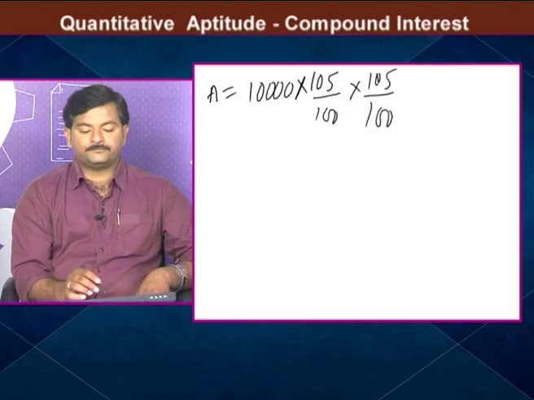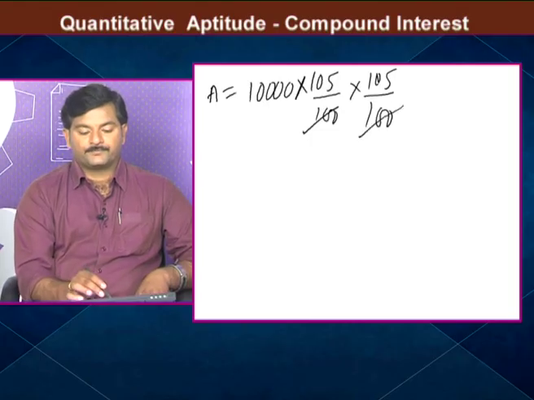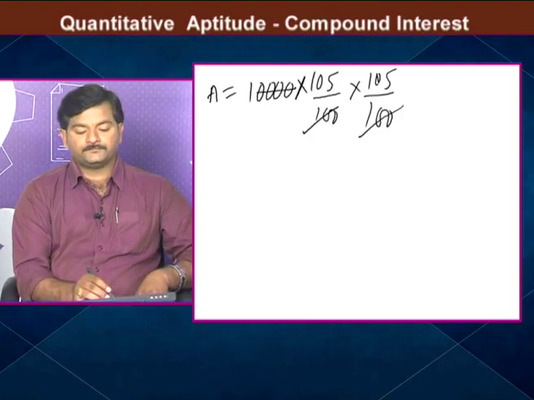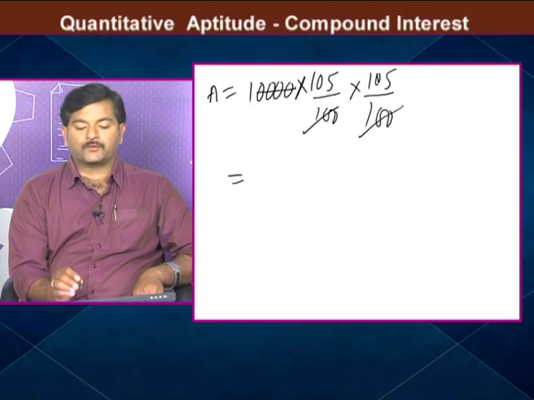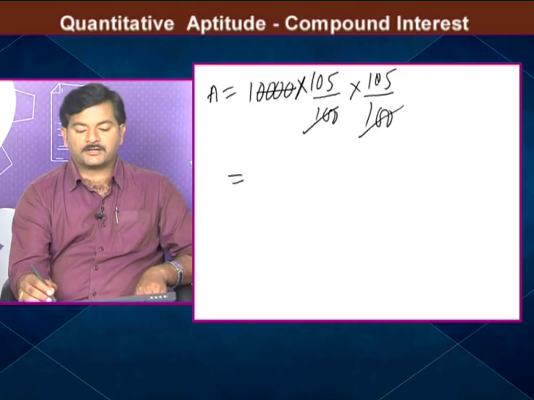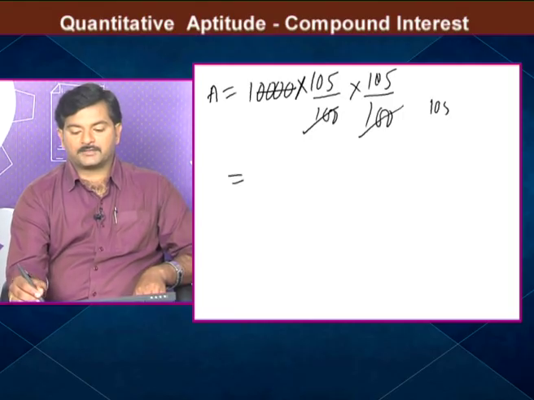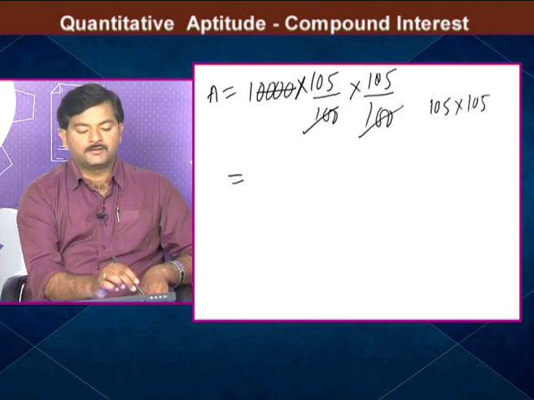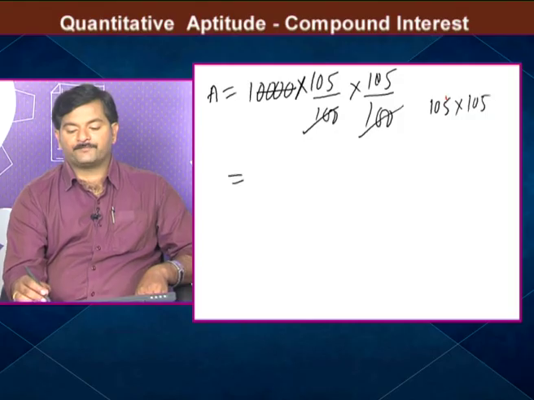So clear, for this 100, 2 hundreds, these 4 zeros cancelled. Okay, so simplification, 2 zeros, 2 zeros, 4 zeros cancelled. So simply what I have to do is multiply 105 into 105. Just now I told you a small trick to find 105 into 105. So 5 5s are 25.